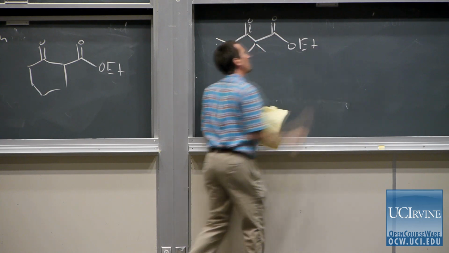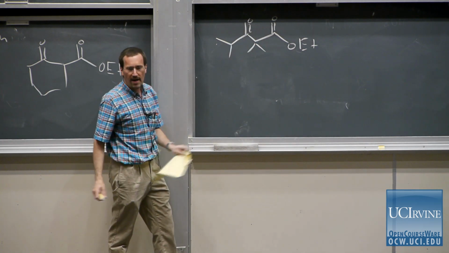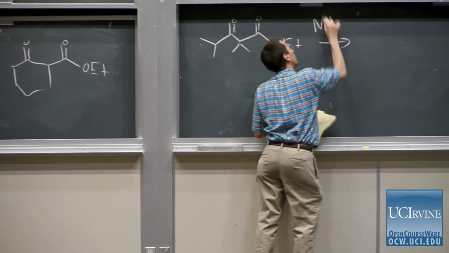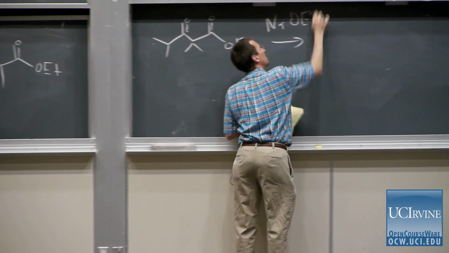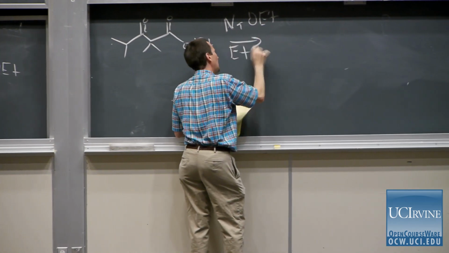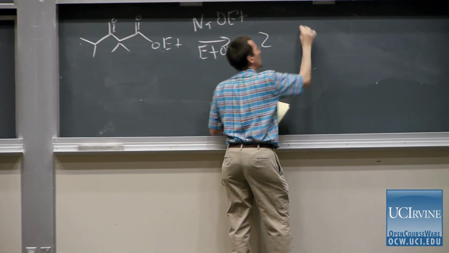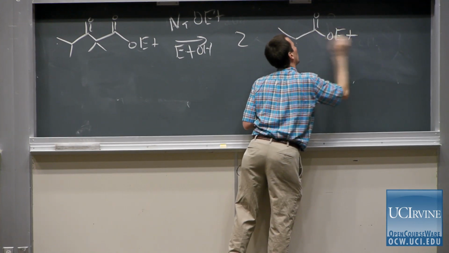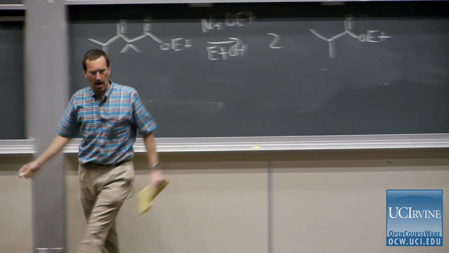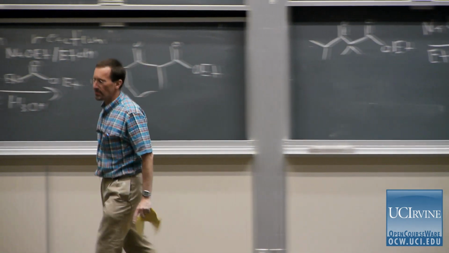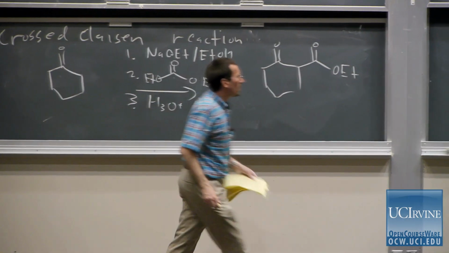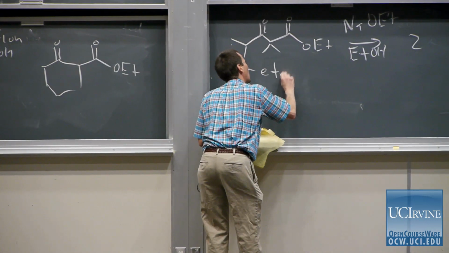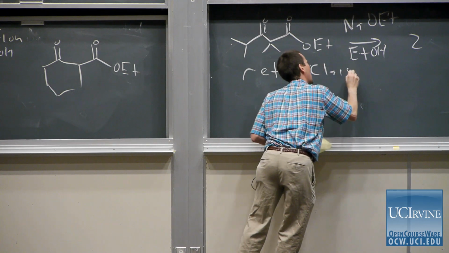In other words, if I take this hypothetical product and I somehow manage to make it, and there are other ways to make it, and I treat it with sodium ethoxide in ethanol, we end up breaking this product apart to 2 molecules of ethyl isobutyrate. It's the reverse of a Claisen reaction, and we call it the Retro-Claisen reaction.